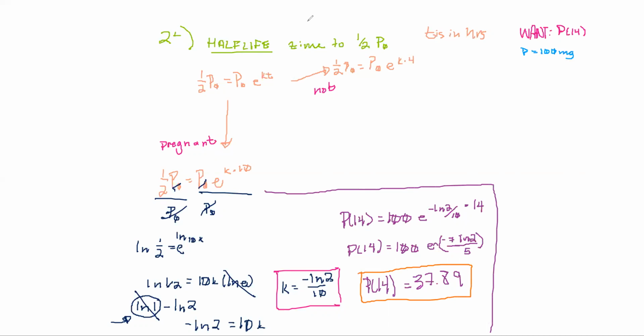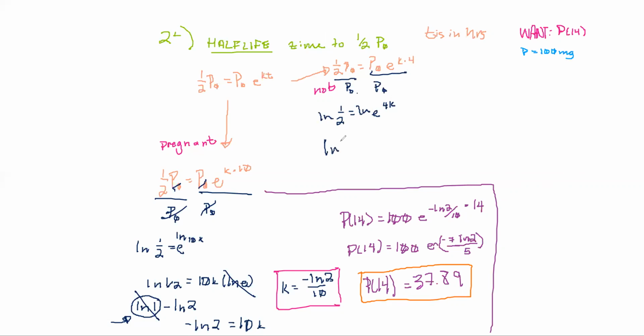Let's do the next one then. Same sort of process. We divide both by p0. 1/2 is equal to p0 e to the 4k, or excuse me, just e to the 4k. Take the natural log of both sides.